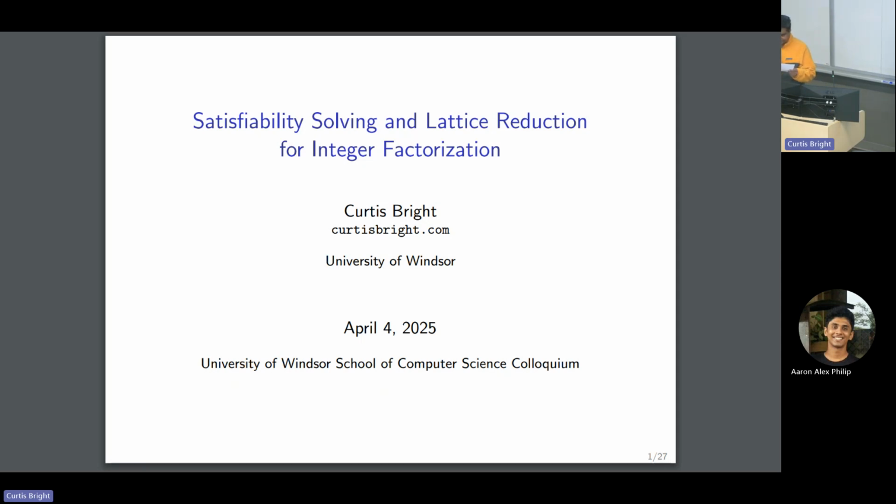Dr. Bright is an assistant professor in the School of Computer Science at the University of Windsor. He leads the development of MathCheck, a system for verifying and finding counterexamples to mathematical conjectures. His research focuses on computer-assisted proofs, automated reasoning, symbolic computation, and discrete mathematics.